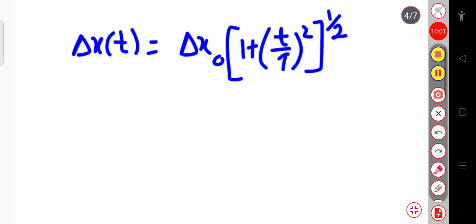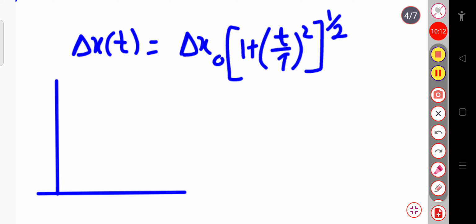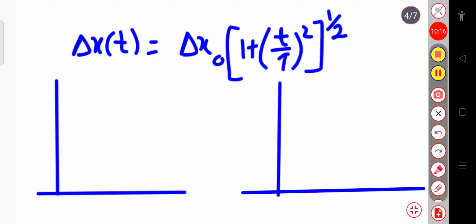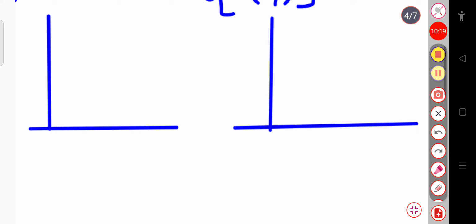Now let me represent this in a graph. This is at time t equal to 0, and now I will plot for some later time t.